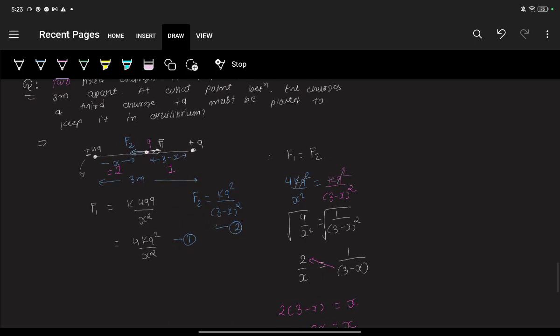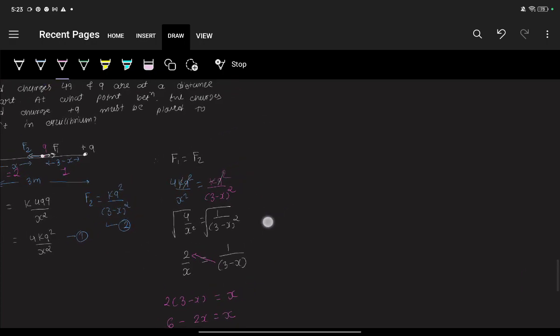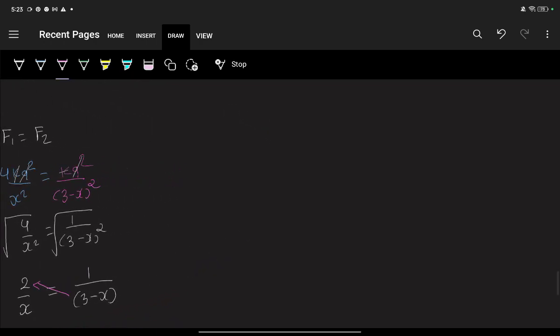Yes, sir. Okay, there is one trick here also. Do you want me to discuss this trick? Yes, sir, shortcut method. What is the shortcut? There is one important condition that if q1 q2 is greater than 0, that means if both the charges are positive or both the charges are negative, then the distance will be r0, which is the given distance.